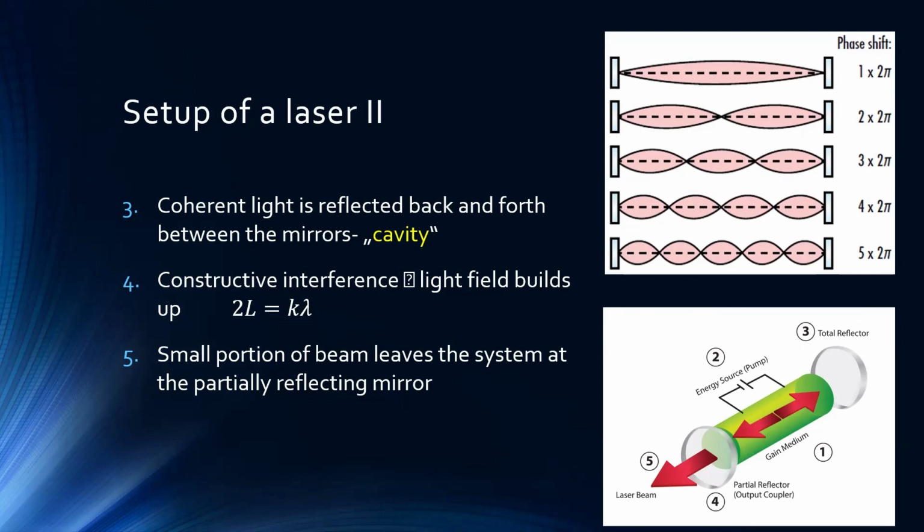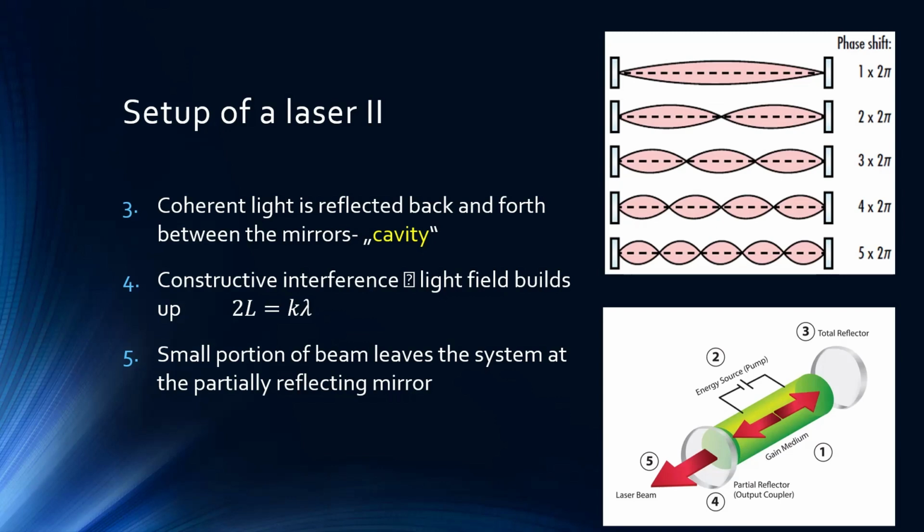And the nice thing about this cavity is that the light gets reflected back and forth, and that creates this snowball effect of more and more photons being released. Now, how do we make sure that they don't do destructive interference and everything just cancels out? For that, we make sure our cavity length matches the wavelength of the laser light that we want to produce.